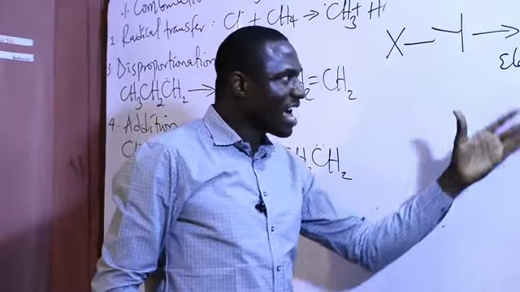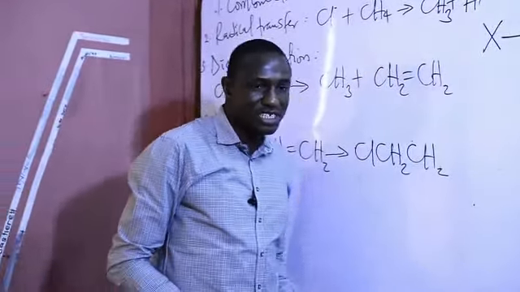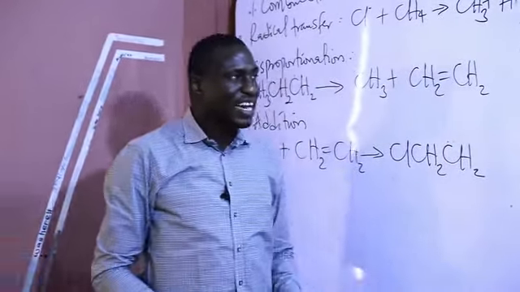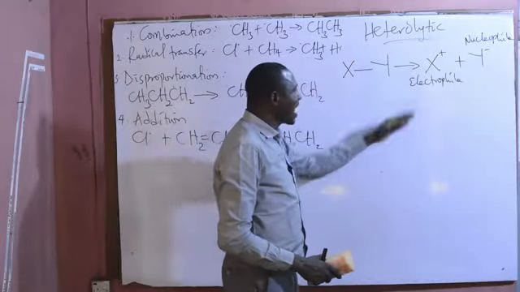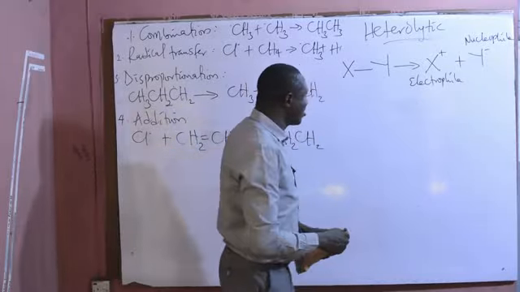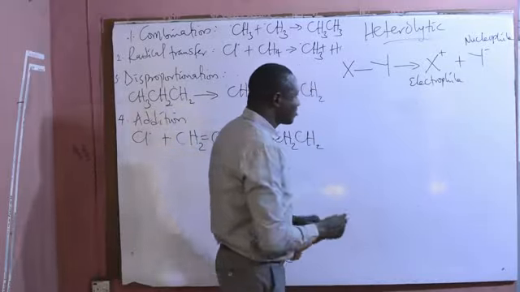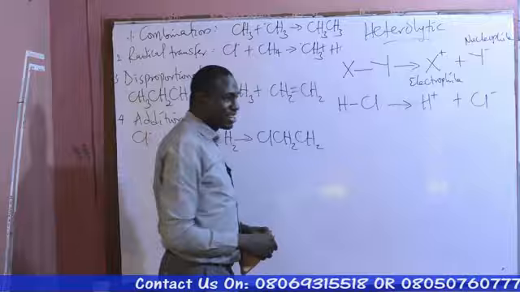So by definition, an electrophile is a chemical species that is electron deficient and attracts electron rich species in an organic reaction. So they are electron lovers, and we have many of such. Typical examples are hydrogen chloride. When the bond is broken, you are going to form hydrogen ion and chloride ion. So hydrogen ion is an example of an electrophile.